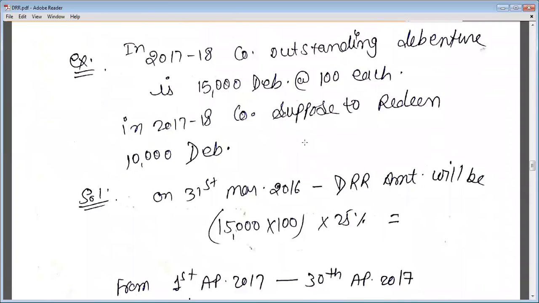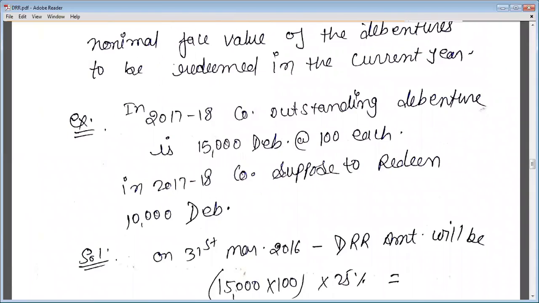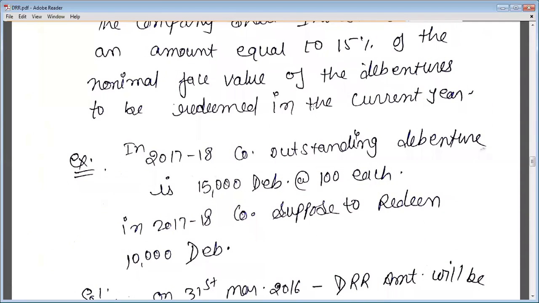Okay. Now, company is going to redeem 10,000 debentures in 2017. Now, for the debentures which you are going to redeem in the current year, you have to create 15% of the nominal value of those debentures.